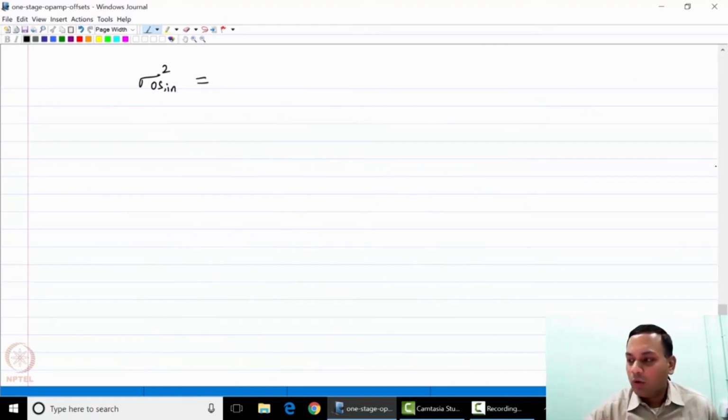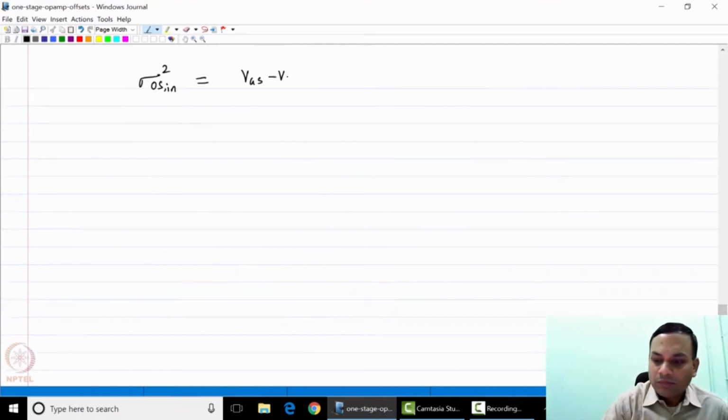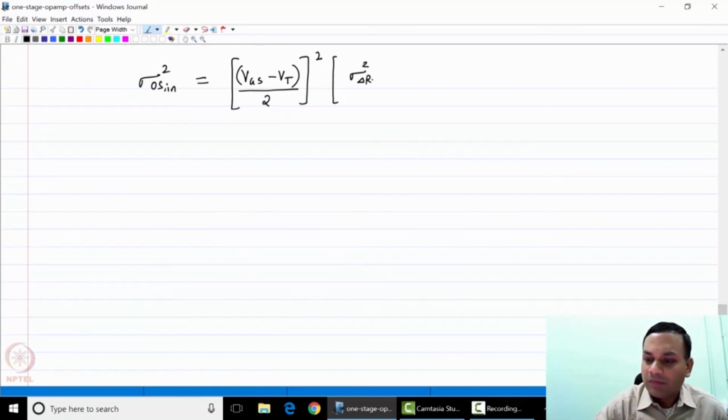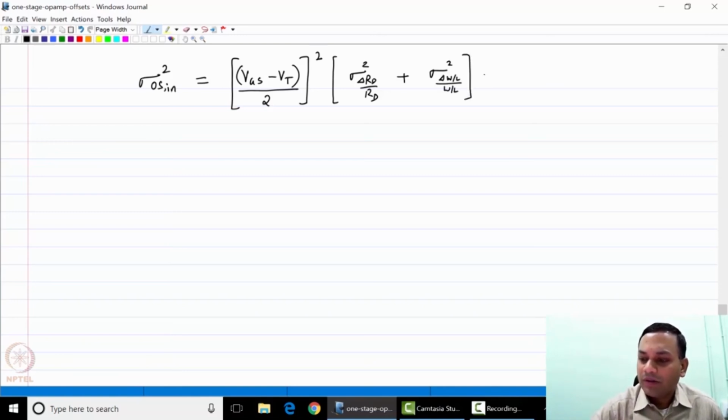So sigma squared OS in is VGS minus VT by 2 the whole squared times sigma squared delta RD by RD plus sigma squared delta W over L by W over L plus sigma squared VT.